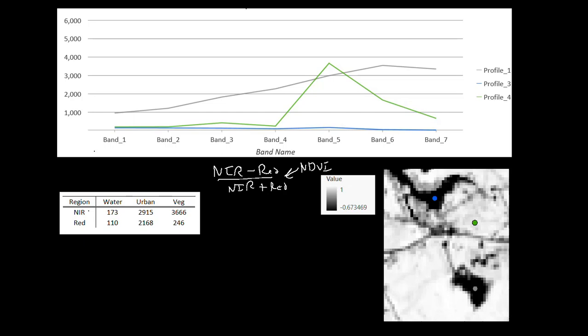Just in case you've forgotten, we're dealing with that same Landsat image that we've been using forever. The NIR band is band 5 right here, and the red band is band 4, right here.